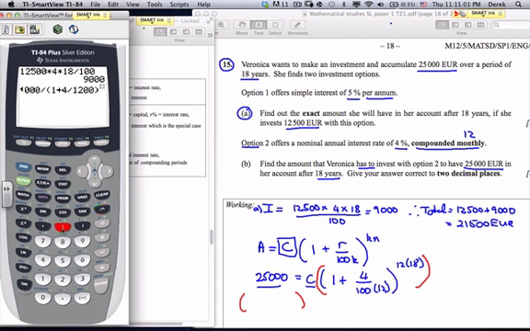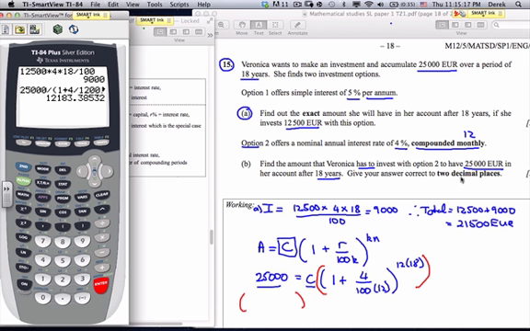Let me put that in brackets also, 12 times 18, because I can't work it out in my head at the moment. And we should push enter. And there we get our value of 12,183.